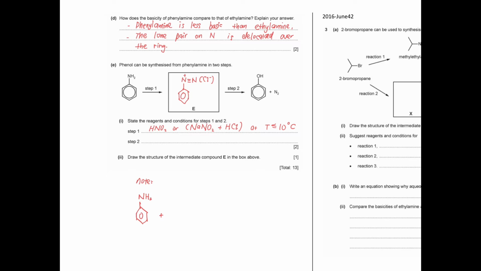So nitrous acid is actually something like this, together with HCl. Okay, so they will form benzene diazonium chloride, and then 2H2O.